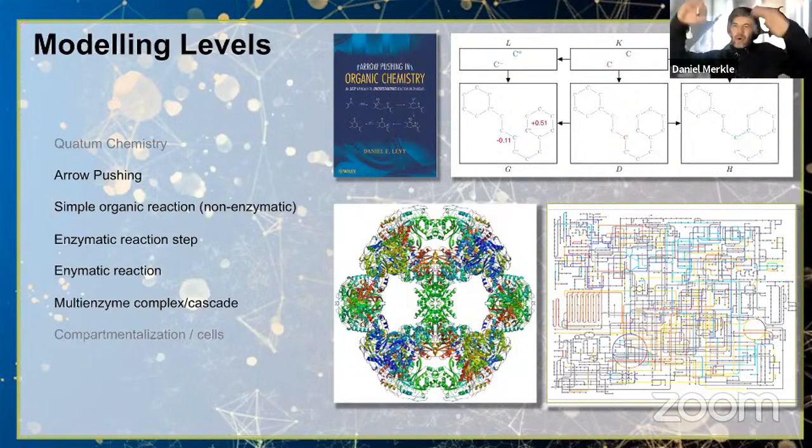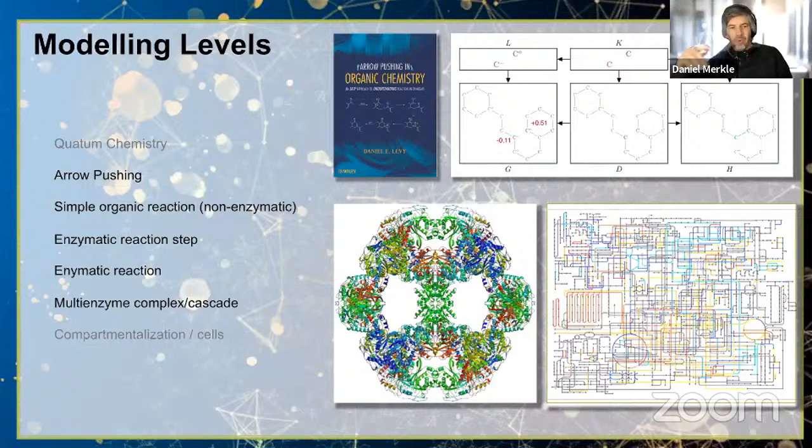Well, then you can go up to crazy levels, right? For example, an enzyme is nothing else than a super large molecule that catalyzes a specific reaction. So these reactions are then to a certain degree a composition of lower level reactions, which might also be a composition of even lower level reactions, right?